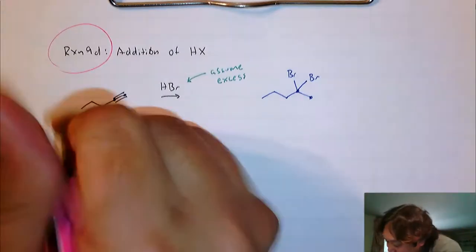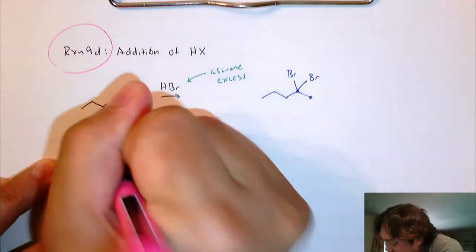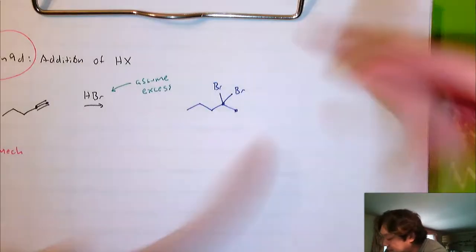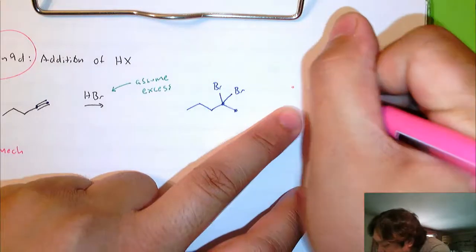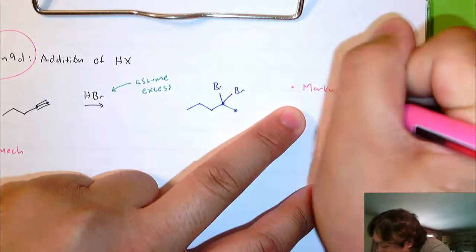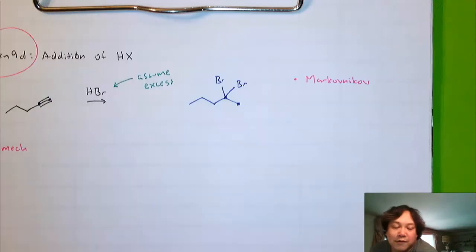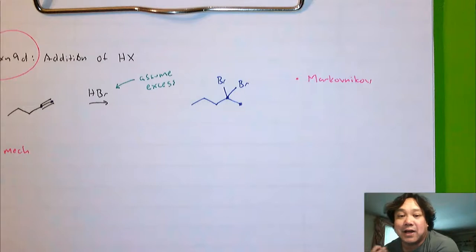Mechanism. And now we're going to have to worry about Markovnikov. Let me remind myself that it is Markovnikov. You can remember Markovnikov with the saying, the rich get richer, and the money is hydrogen.